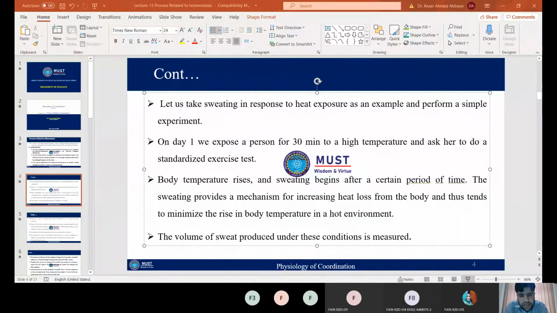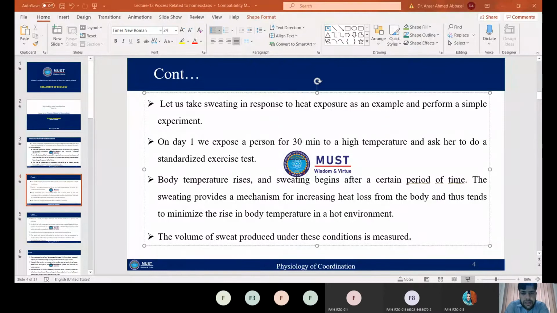This is one environmental stimulus, and additionally the person is also performing an exercise. So in those two environmental stimuli, our homeostatic response will be excessive sweating to minimize the increase in body temperature, and heat will be lost from the body. The volume of sweat that is produced under these conditions is measured.